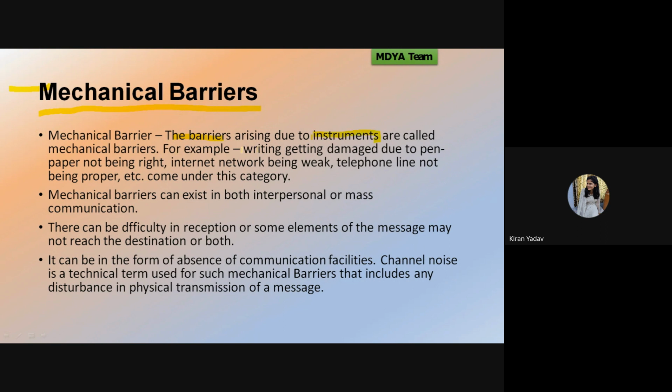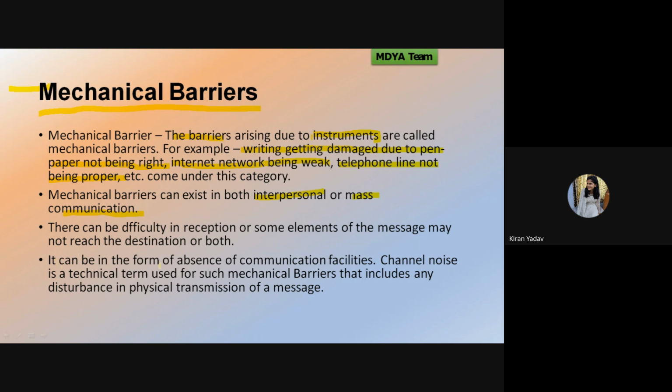For example, writing getting damaged due to pen or paper not being right, internet network being weak, telephone line not working properly, etc. All these come in mechanical barrier. Mechanical barriers can exist in both interpersonal and mass communication. There can be difficulty in reception, or some elements of the message may not reach the destination, or both.